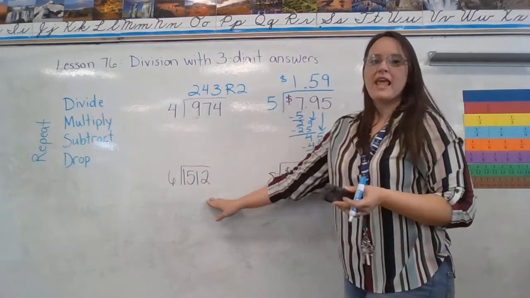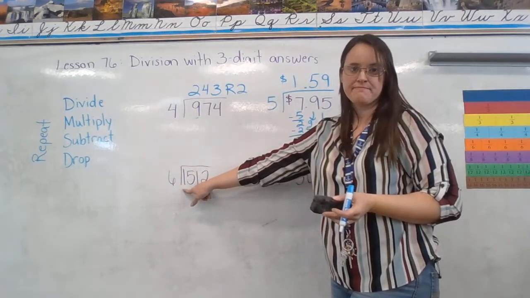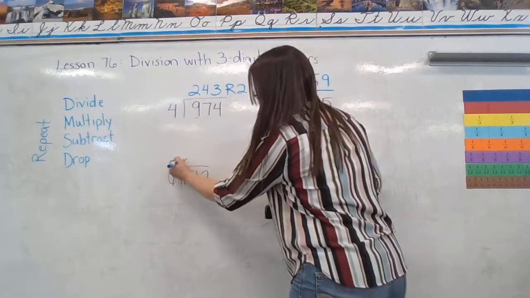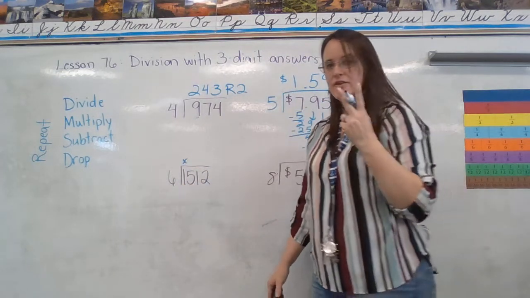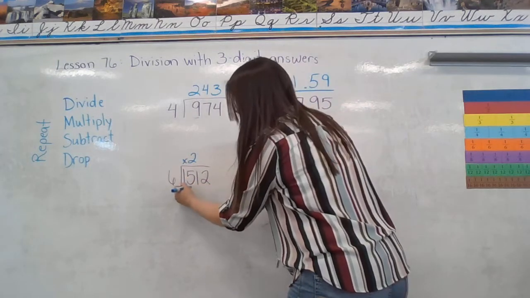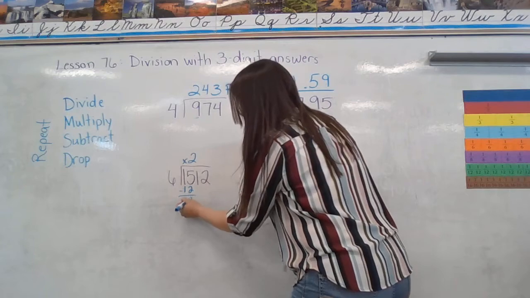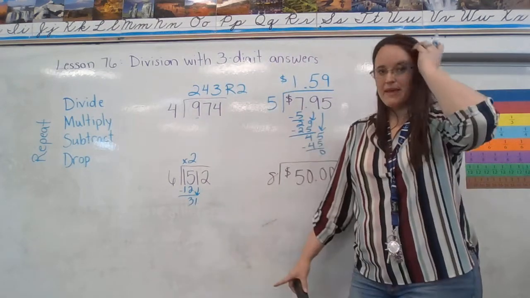Okay, I'm going to erase some of the work here so that we have space for this one. How many times does 6 go into 1? None. Put an X there. What about 6 into 15? That'll work. That we can do twice. 2 times 6 is 12. Subtract and drop. Then back to the beginning.